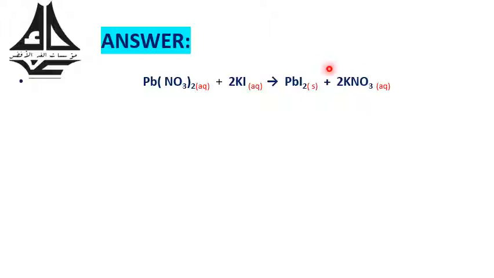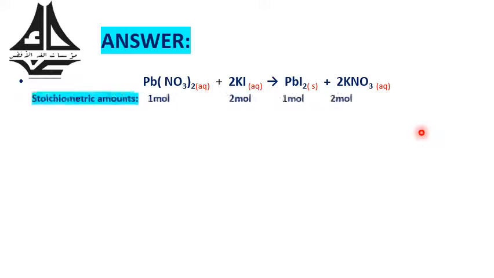Before answering any question, we have to write our organization. First of all, we rewrite our balanced chemical equation as it is. Then we write the stoichiometric amounts. We have 1 mole for 1 Pb(NO3)2, 2 moles for 2 KI, 1 mole for 1 PbI2, and 2 moles for 2 KNO3.